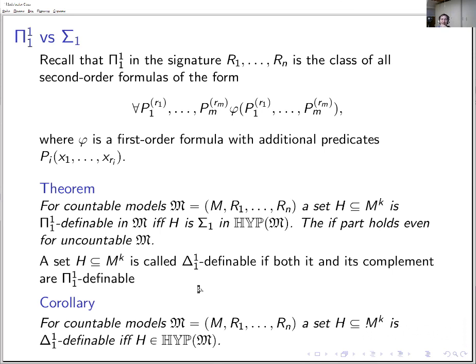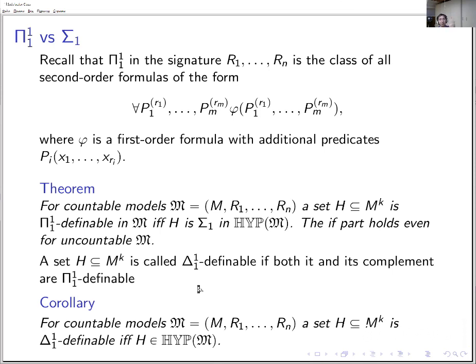Namely, a set is delta 1 1 definable, that is, pi 1 1 definable with its complement also pi 1 1 definable, if and only if it's an element of heap.